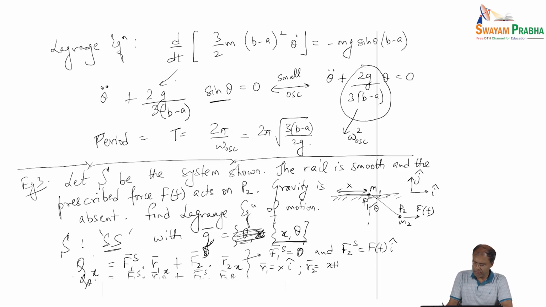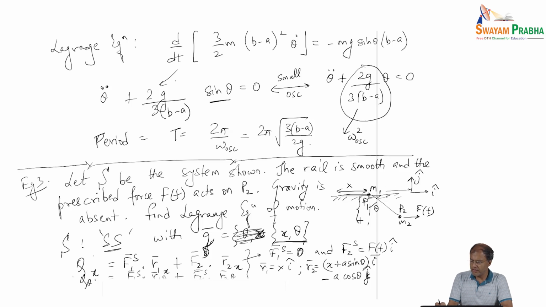is x plus a sine theta of i minus a cos theta of j. We can quickly write down the coordinates of the second point, the m2 is x plus a sine theta, and let us say that the zero of the system is at the point where the mass m is rolling.